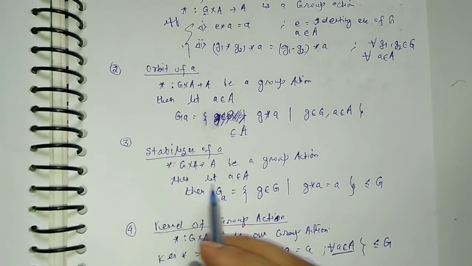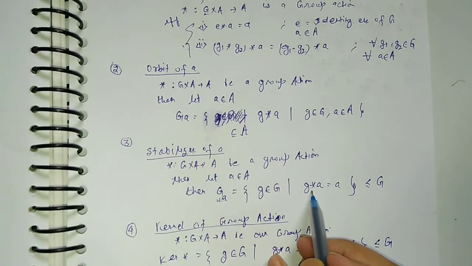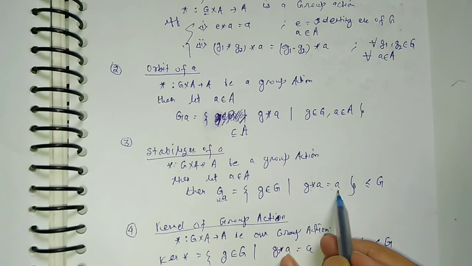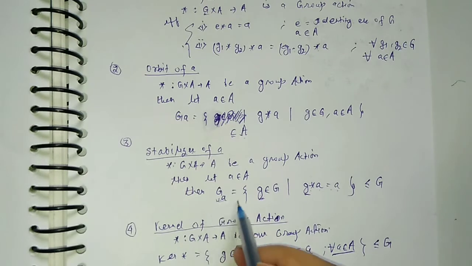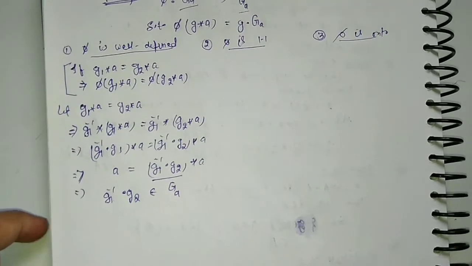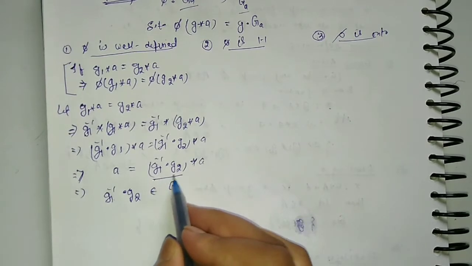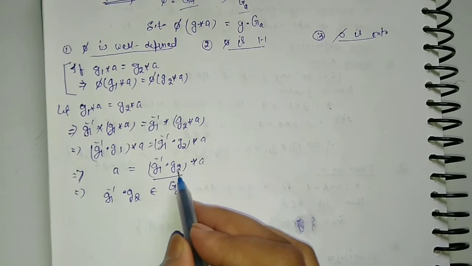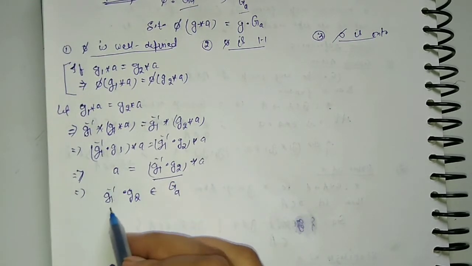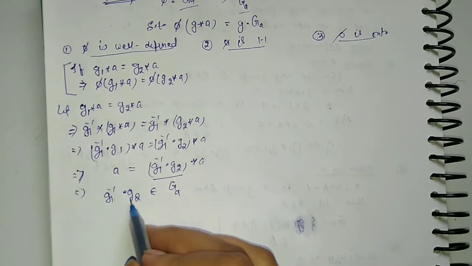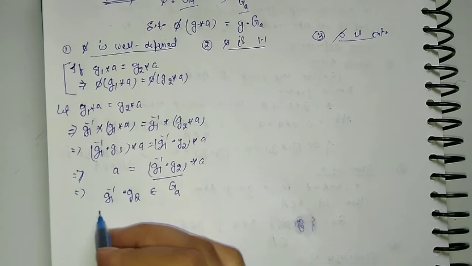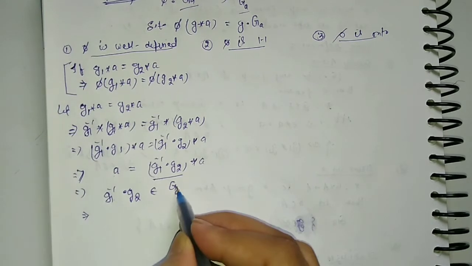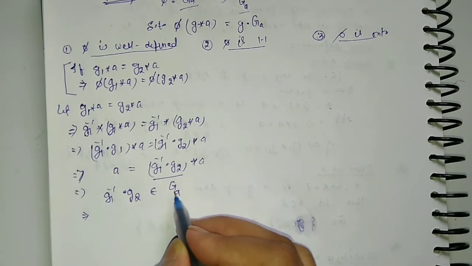From here, if g star a is equal to a, then this element g must belong to the set stabilizer of a. So here this is an element of our group, and this star a is equal to a. So this element g1 inverse into g2 must belong to the stabilizer of a. Now this is a group and this is an element from this group.